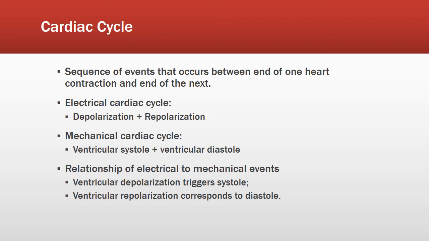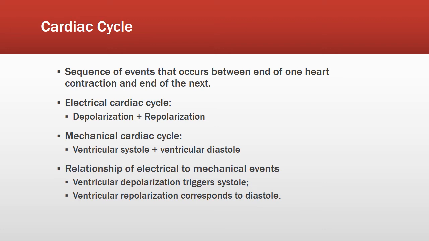Potassium has that major role in repolarization, which increased potassium causes decreased conduction, and decreased potassium causes increased irritability. As far as your cardiac cycle, the cycle is a sequence of events that occurs between the end of one heart contraction and the end of the next.